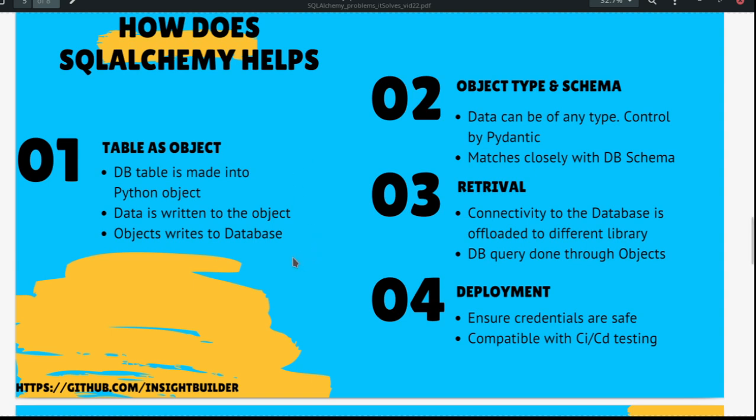In that place also, to have a separate table for users and passwords, how to interact with those passwords, to create hashes for those passwords, all those things can be implemented using both SQLAlchemy and Pydantic. This is an overview that I wanted to give about SQLAlchemy.